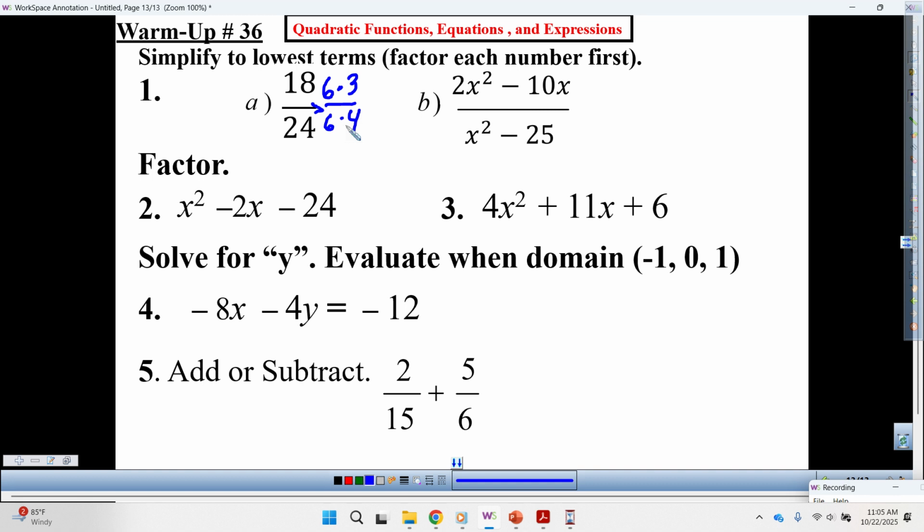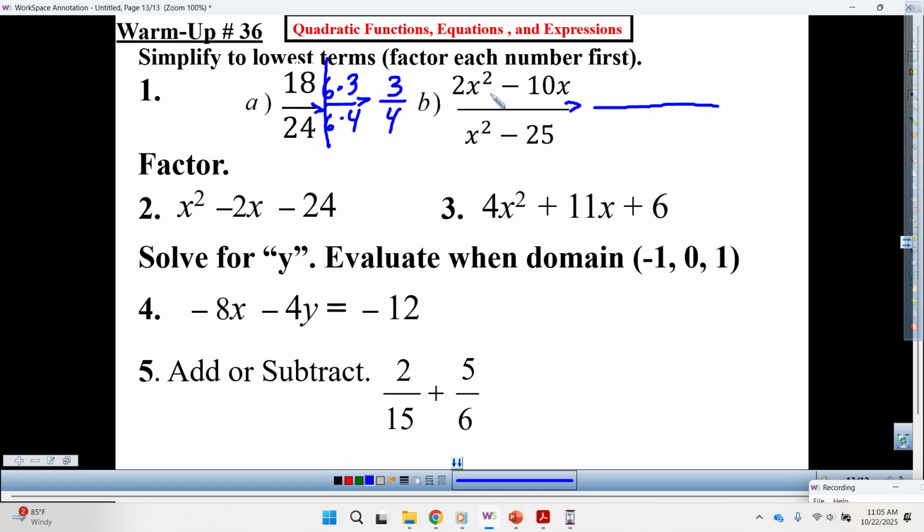Are you good? All right. Giant 1. The correct answer is 3/4. Hands up if you got that. Very good. Go to 1B.